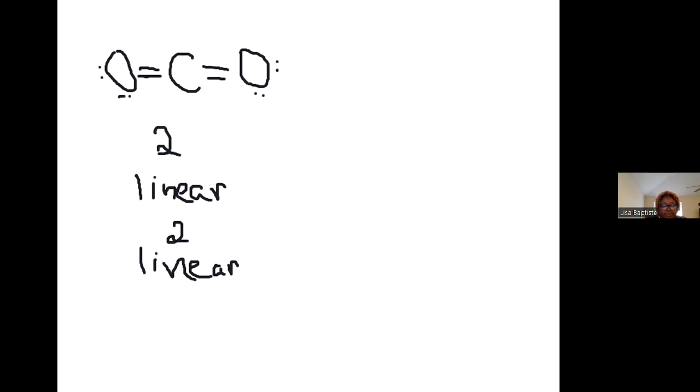And so I'm going to draw our main structure in the middle. I think I'm going to erase these just so that I have plenty of room. All right. Okay, there we go.